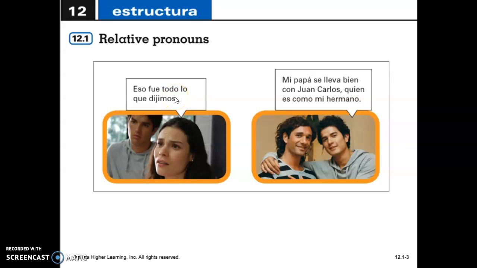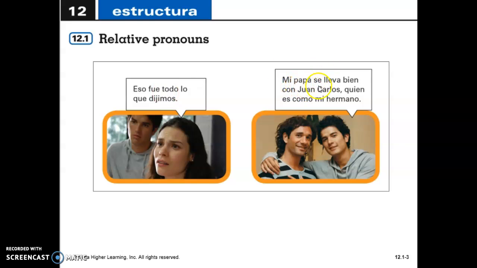So there are maybe some stories that we said, some lies that we said, some facts that we said, and this lo que is substituting that information that we said, and it's a little bit more ambiguous. We are not saying specifically what we said, but we are giving that information in this statement.